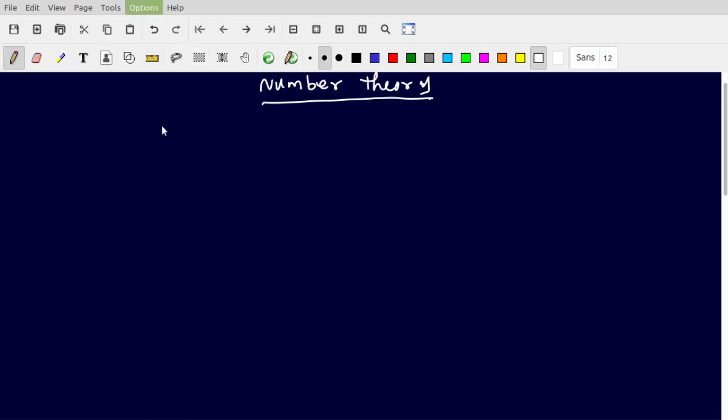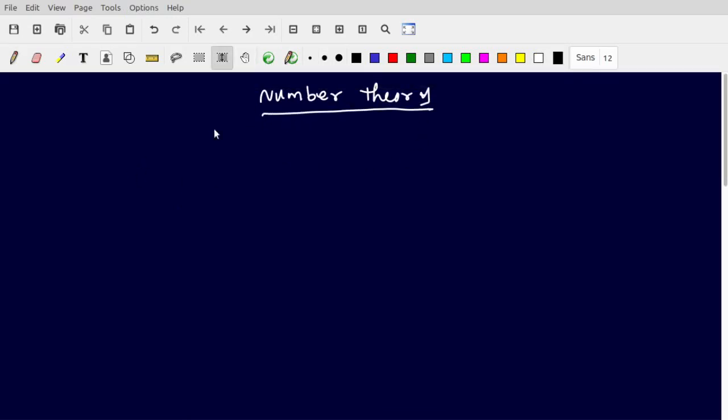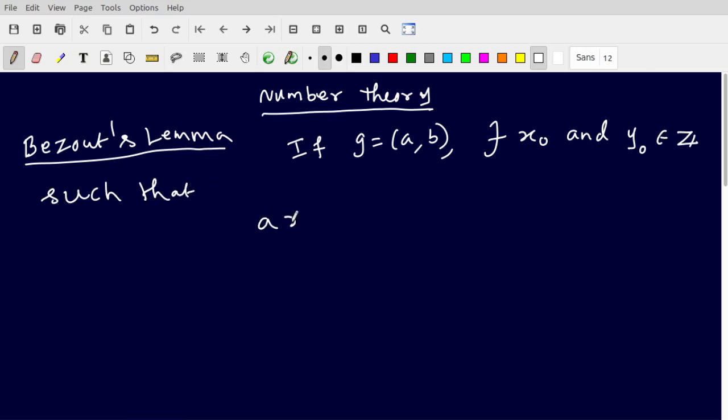So in this lecture we develop a method of finding integers x naught, y naught, given in the Bezout identity. Bezout's lemma says that if G is the GCD of A and B, then there exist integers x naught and y naught such that A x naught plus B y naught equals G. We will try to find x naught and y naught so as to satisfy this equation.